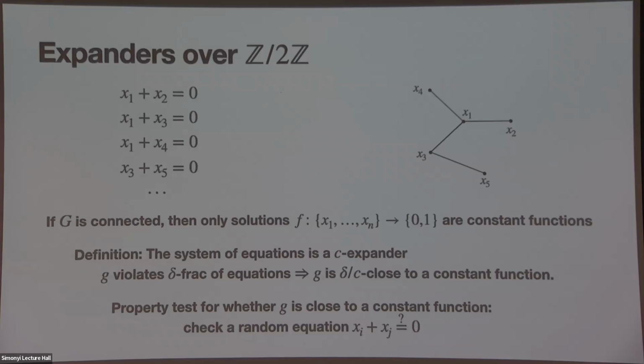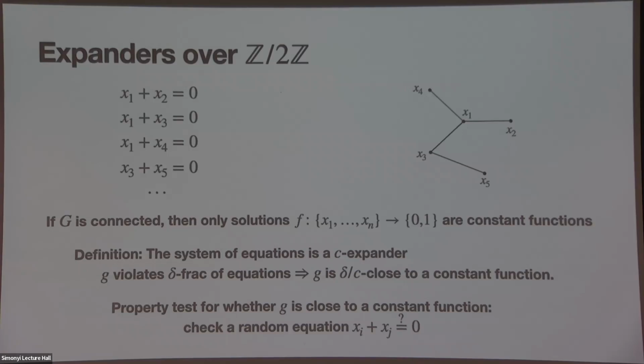Okay, so property testing here: basically, I'm interested in testing whether a given function is a constant function, but I don't want to read all the coordinates, all the evaluations of the function. I just want to read, let's say, only a constant number of evaluations of this function.